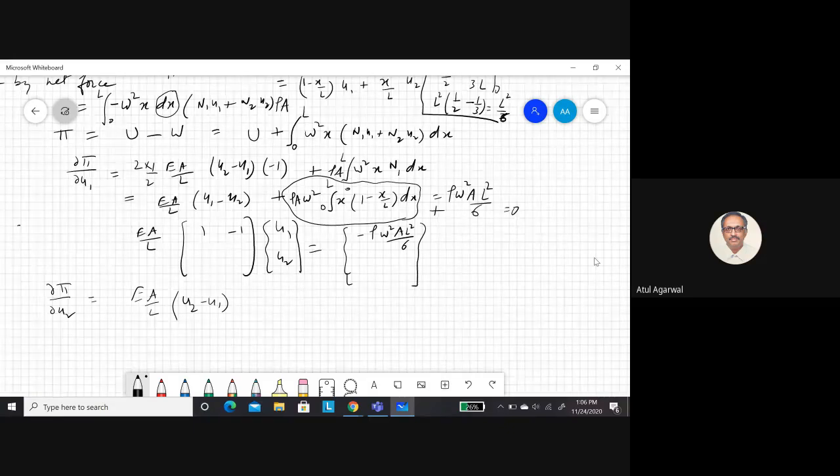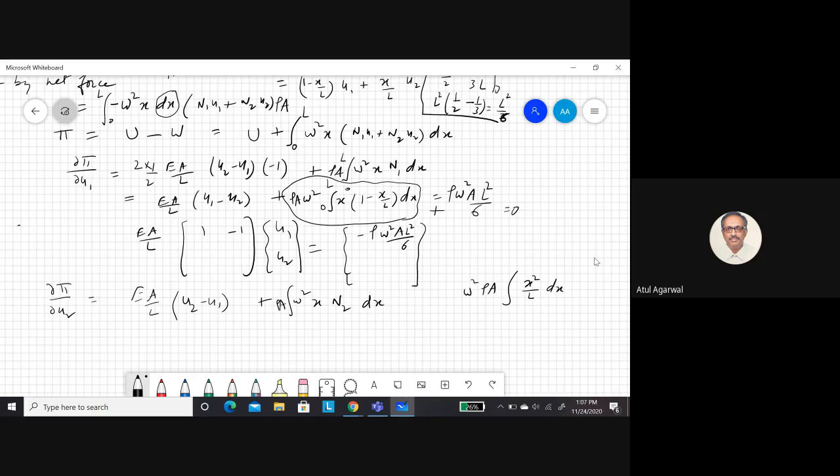Then again here you take the derivative with u2, so it will give you n2. So this is nothing but omega square rho A, and your x n2 is x by L, x square by L dx.